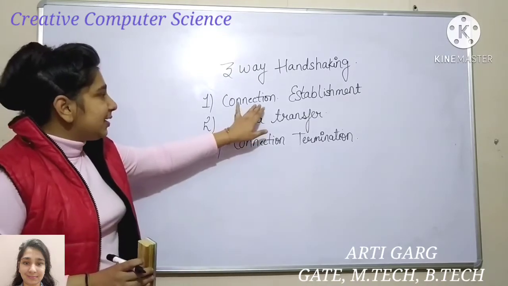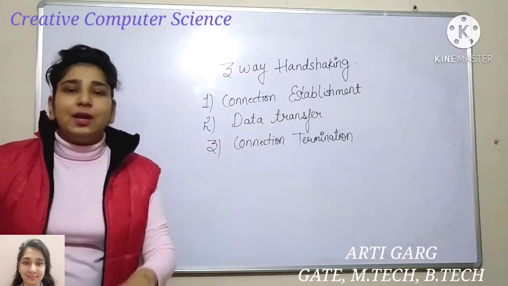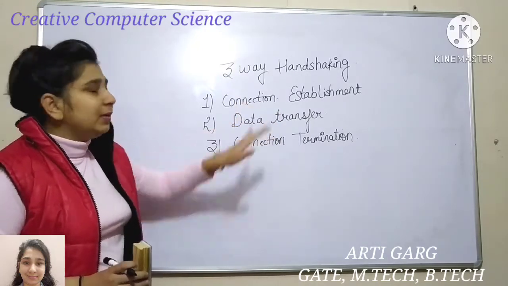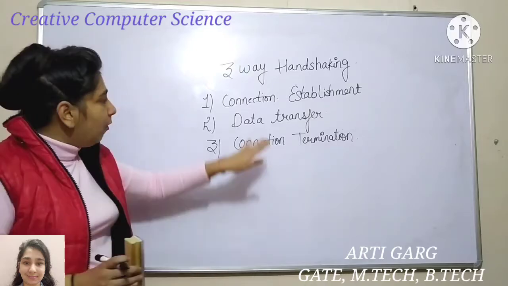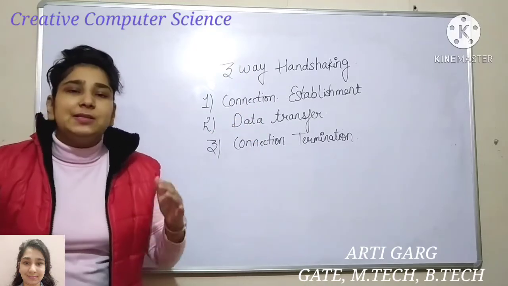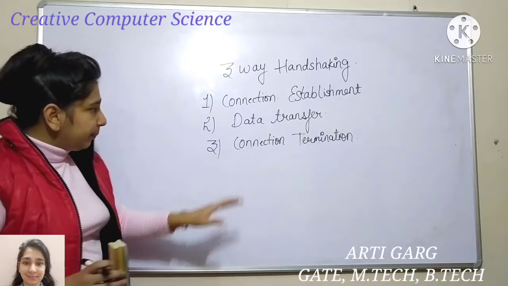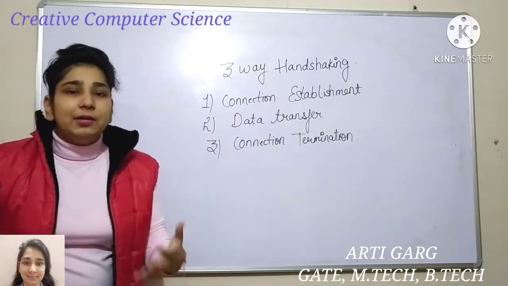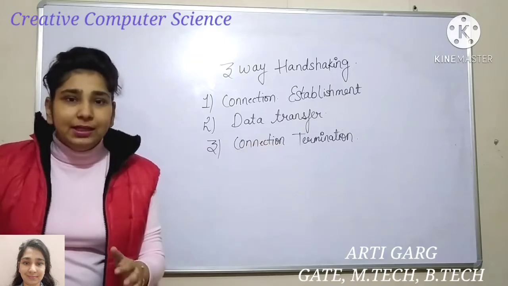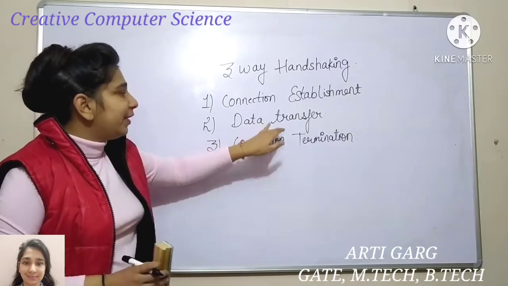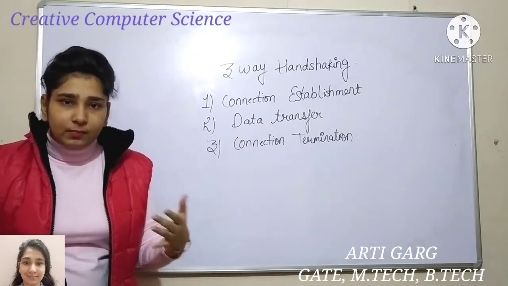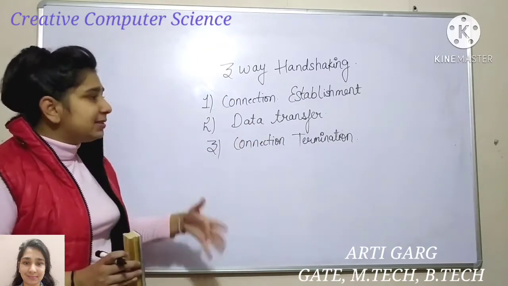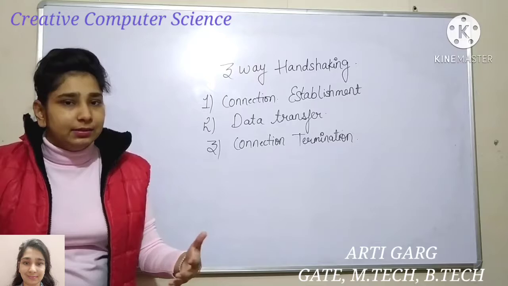They are just trying to know the compatibilities or capabilities of each other in the connection establishment phase. After they have known the compatibilities of each other, they will transfer the data. Both devices will communicate and send messages to each other.